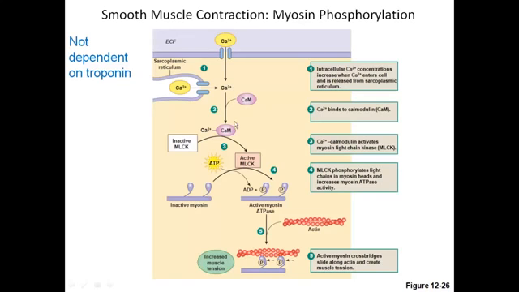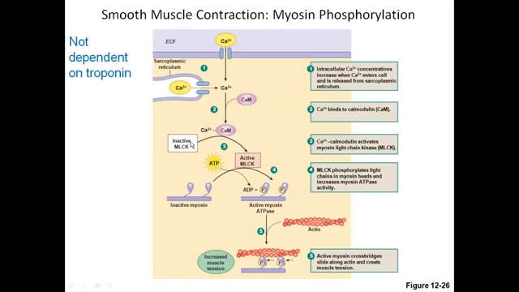This calcium calmodulin complex activates myosin light chain kinase. Okay, so kinase is an enzyme that phosphorylates other proteins. So it's in its inactive state, and you can treat the calcium calmodulin complex like a cofactor or even an allosteric activator of myosin light chain kinase.